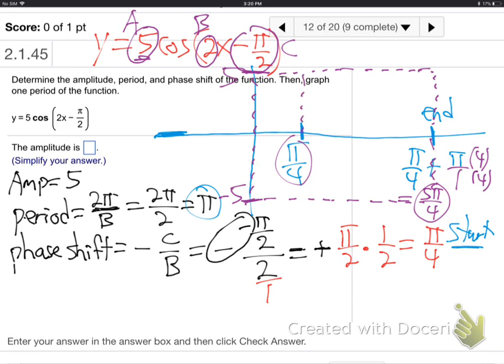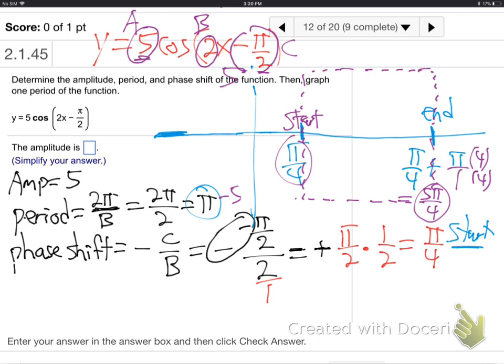I'm supposed to stop here, huh? Because that's where it starts. This is the start. I got confused between the start and the y-axis, huh? Everybody with me on the box? The box starts at pi over 4. That's my left edge. Ends at 5 pi over 4. The bottom is negative 5. The top is positive 5.